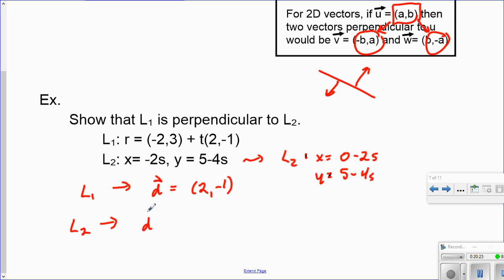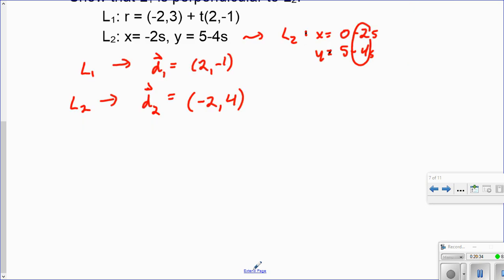So my direction vector for L2 are these components right here, negative 2 and 4. So there's my two direction vectors, this one and this one.